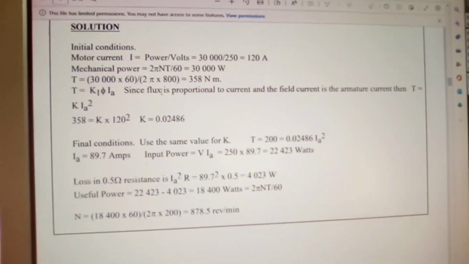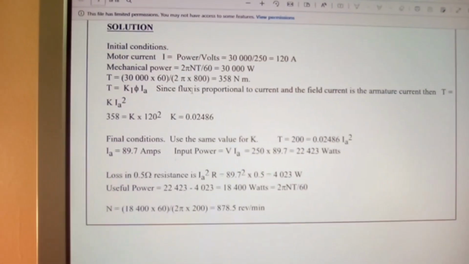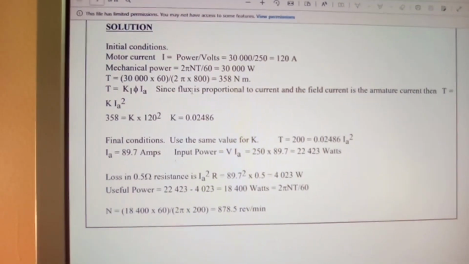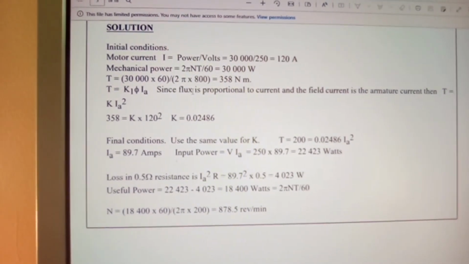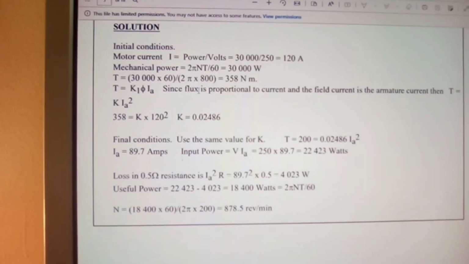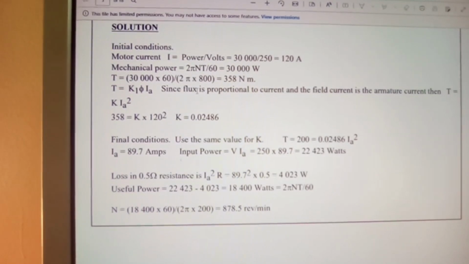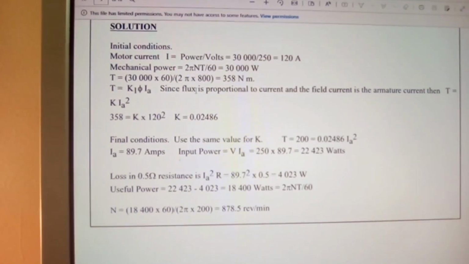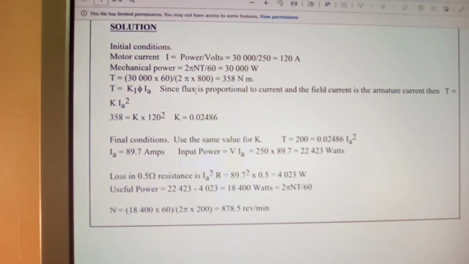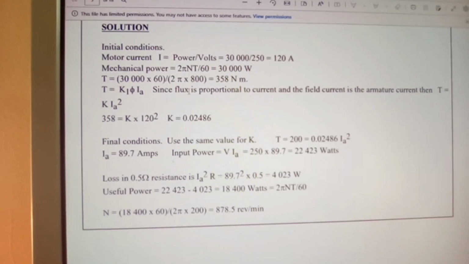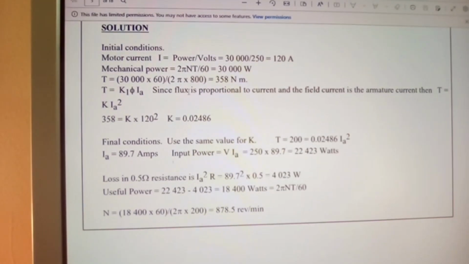K equals 358 over 120 squared, which equals 358 over 14400, which then equals 0.024886.